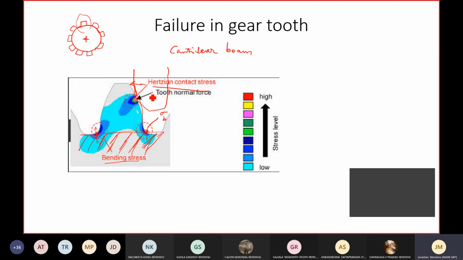If the gear fails due to the contact stresses, let me talk a little bit about them. This is related to surface endurance, whereas the bending stress is related to yielding strength.